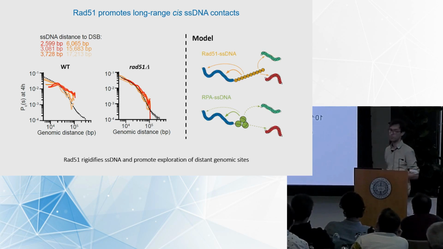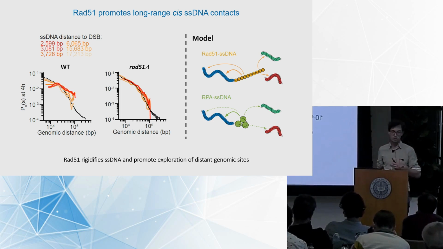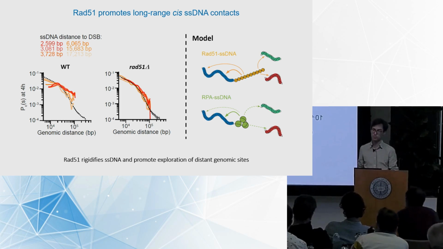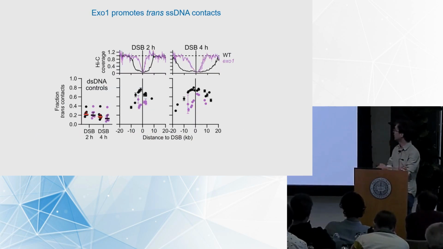And if you don't have Rad51, you don't have naked DNA, but you have RPA-coated single-strand DNA, and this clumps and essentially has a very small persistence length. So the question was then, okay, resection generates long single-strand DNA, and is this required for the assembly of those long filaments? So we turned to the EXO1 mutant that is defective in long-range resection, as you can see on the Hi-C coverage profile.